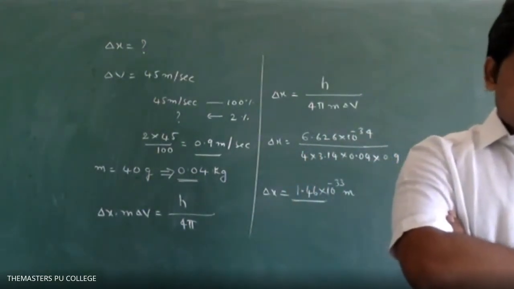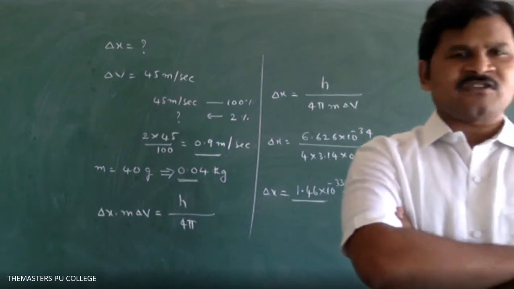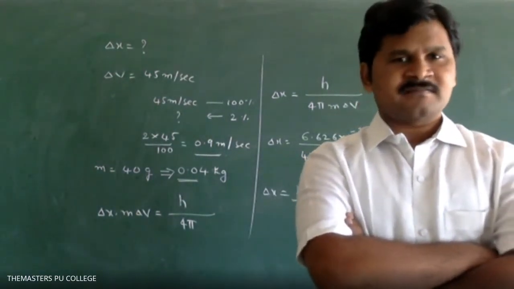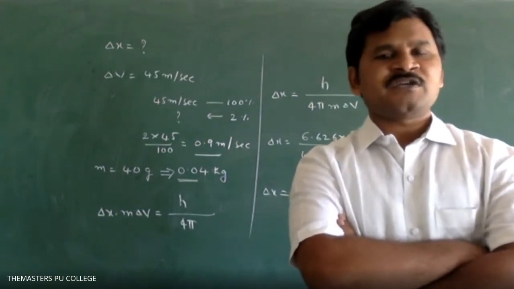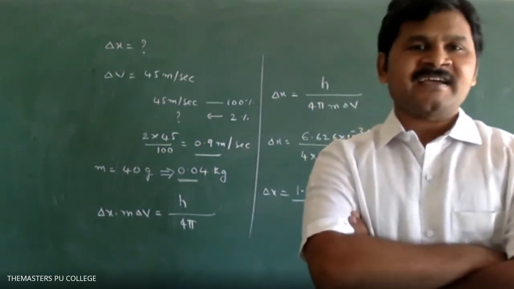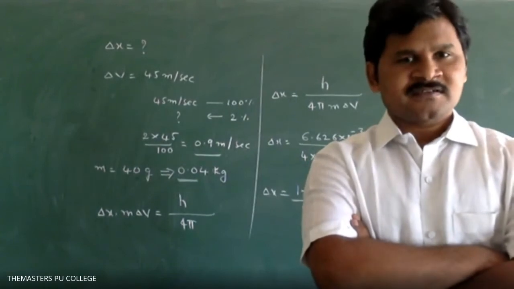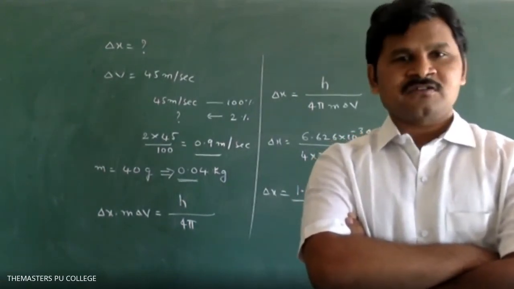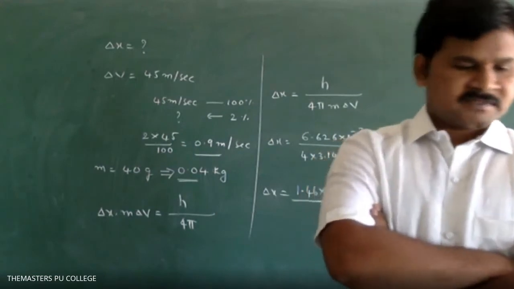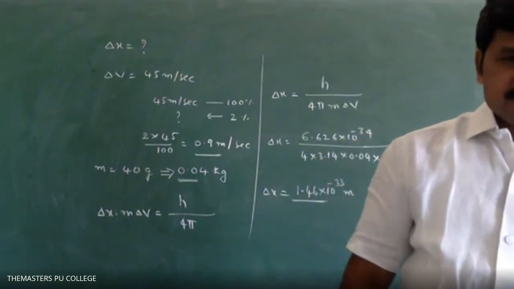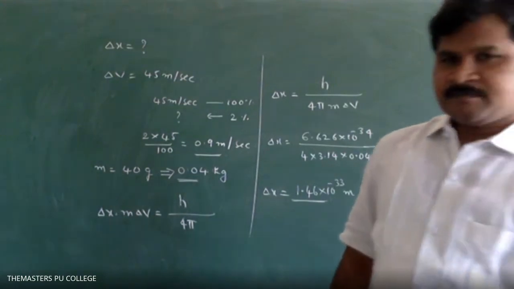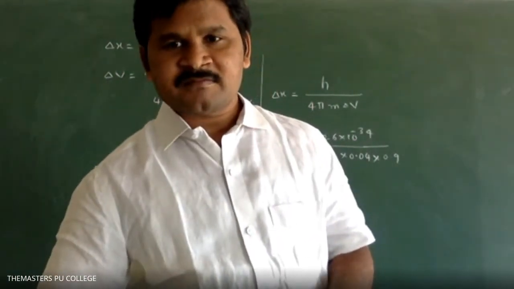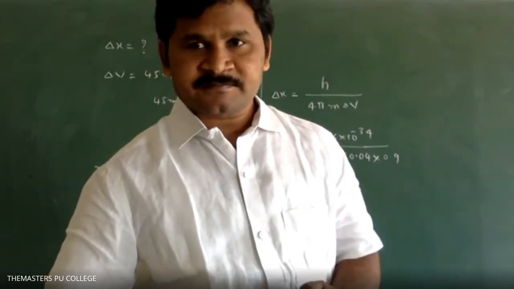What is the uncertainty in its location? In its location means delta x, question mark. Electron mass, you please take in kg, already given in previous problems. Okay, students, this is a homework problem. Tomorrow you have to say the answer. Leave some space, later you calculate. Same problem, just data is changed. That's all.